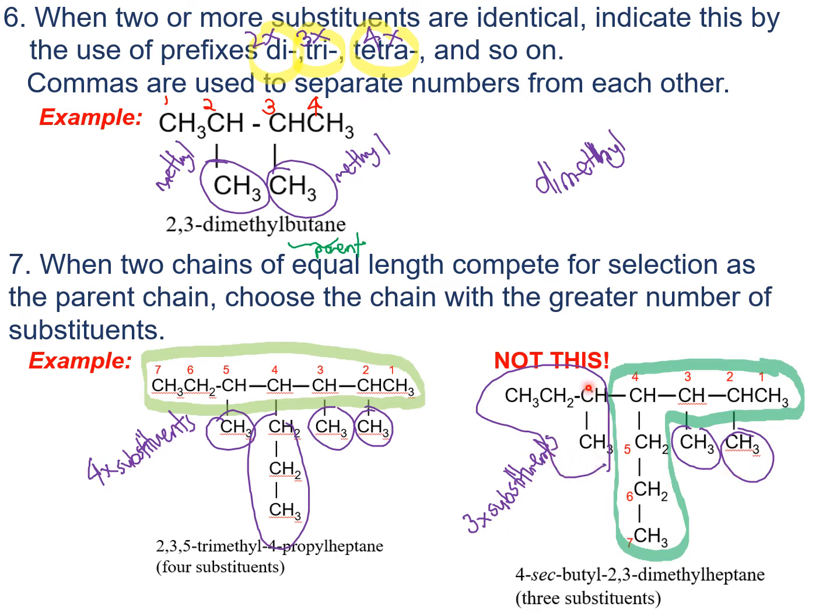This substituent is sec-butyl because it has 4 carbon atoms and the secondary carbon atom is attached to the parent, so that's why sec-butyl.